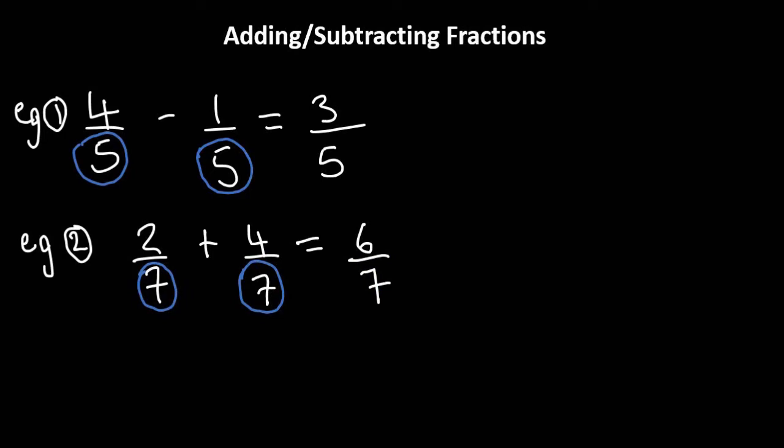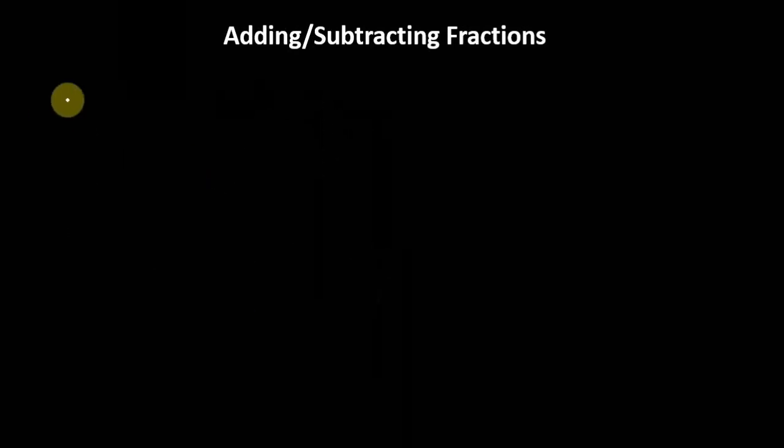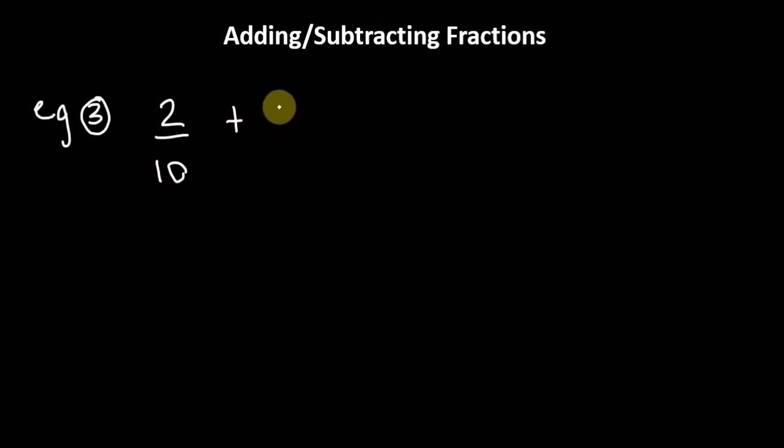Now let us look at some more examples. Let's call this example 3. Now what if we had more than just two fractions? So let's say we had something like 2/10 plus 4/10 plus 1/10.